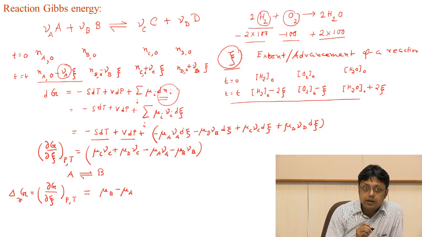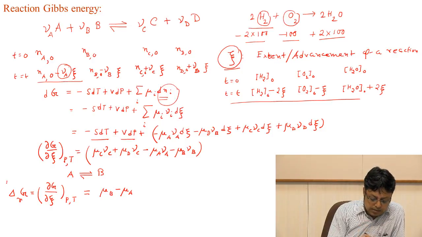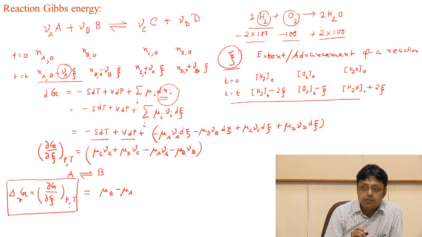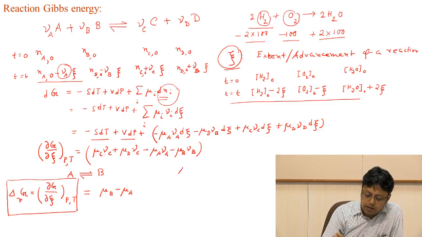So the reaction Gibbs free energy is defined as the derivative of the Gibbs free energy with respect to the advancement of the reaction at constant pressure and temperature. Now the question is whether the reaction will be spontaneous in the direction A to B or in the reverse direction. That we can easily figure out.